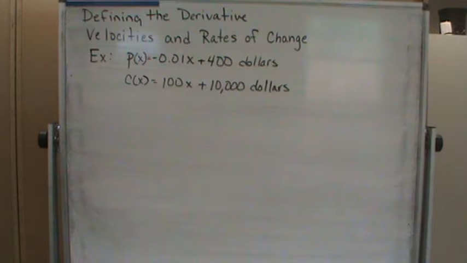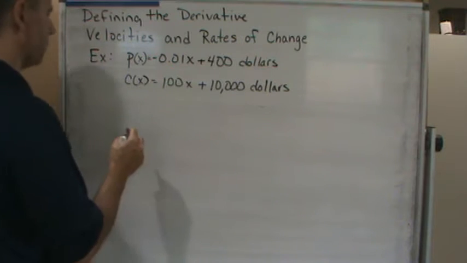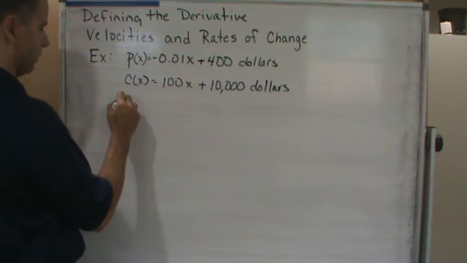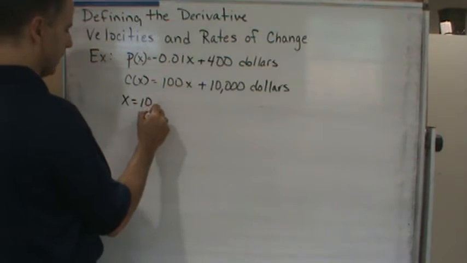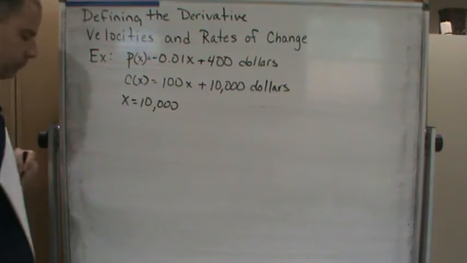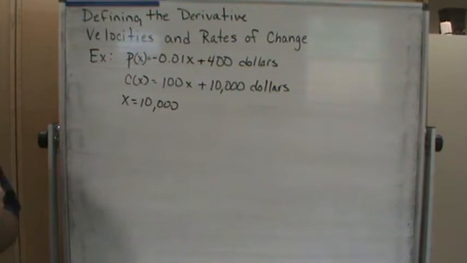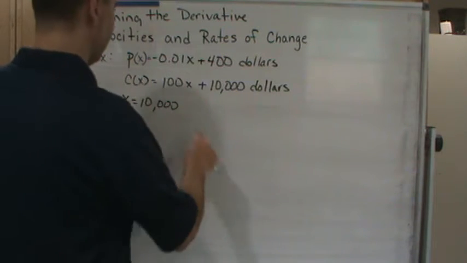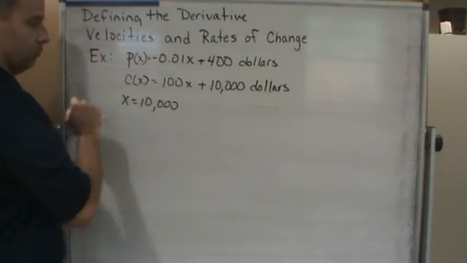Okay, so they're producing 10,000 systems. So x equals 10,000. And we want to know what profit is. Now, there's the cost of making them and then the price you're selling them at, right? So when you sell them, this is going to be your revenue, right?